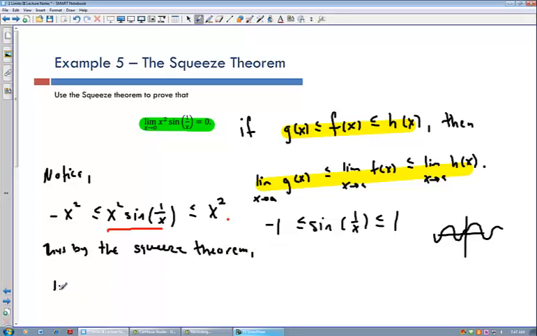The limit as x goes to 0 of negative x squared is less than or equal to the limit as x goes to 0 of x squared times sine of 1 over x, and that has to be less than or equal to the limit as x goes to 0 of x squared.